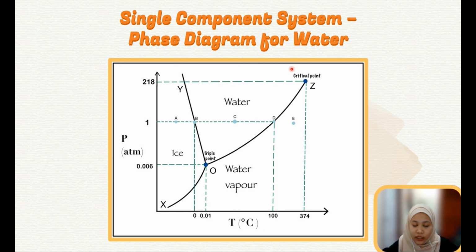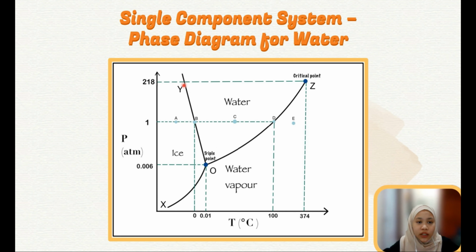At point Z, it has a critical point. The critical point is the point at which liquid and vapor have the same density, so they are difficult to distinguish. Moving on to the next curve, the OY curve, it is the solid and liquid boundary, or the fusion curve.